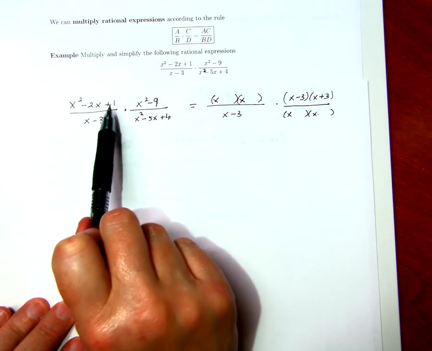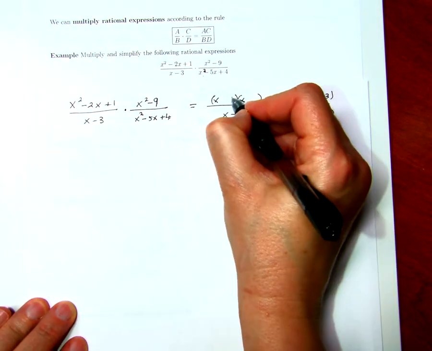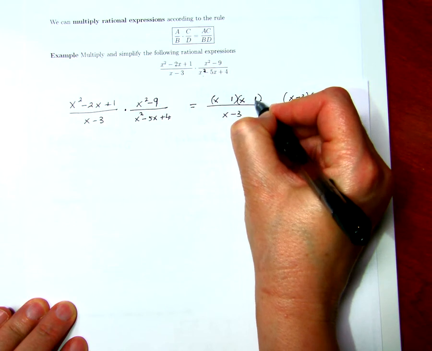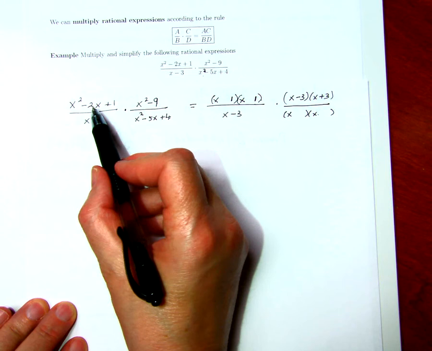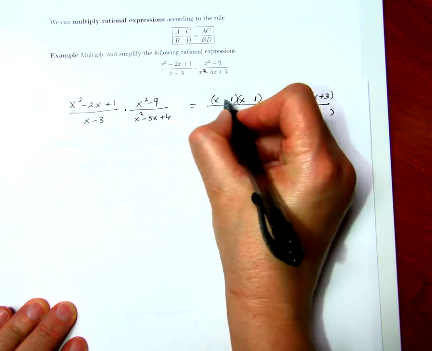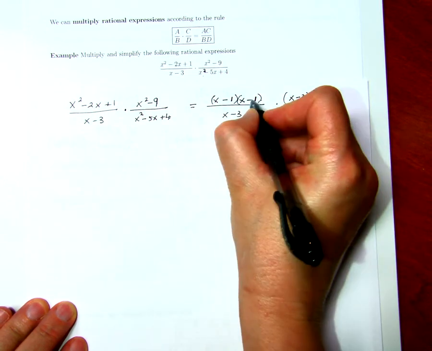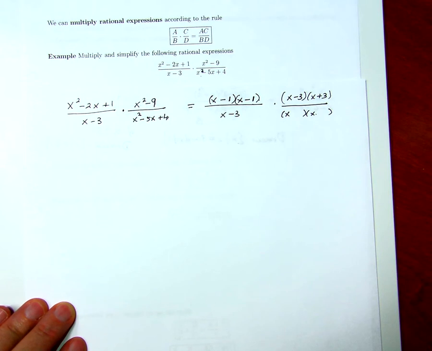Okay, the factors of this, the product should be 1, so I'm going to try 1 times 1 here, and they should add to negative 2, so in fact I'm going to make it negative 1 times negative 1.